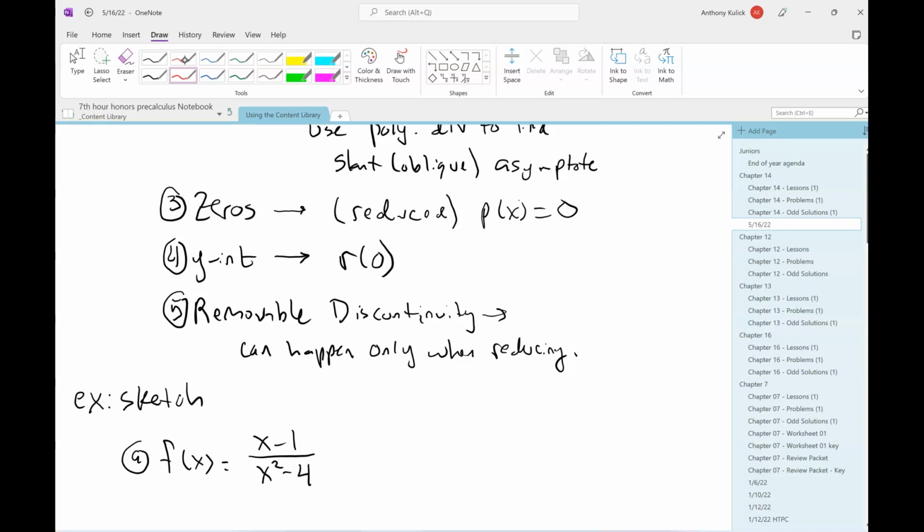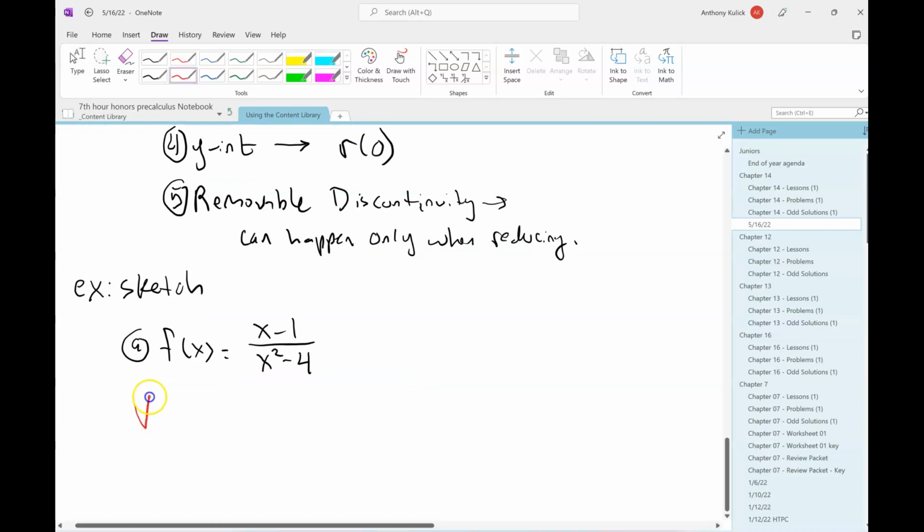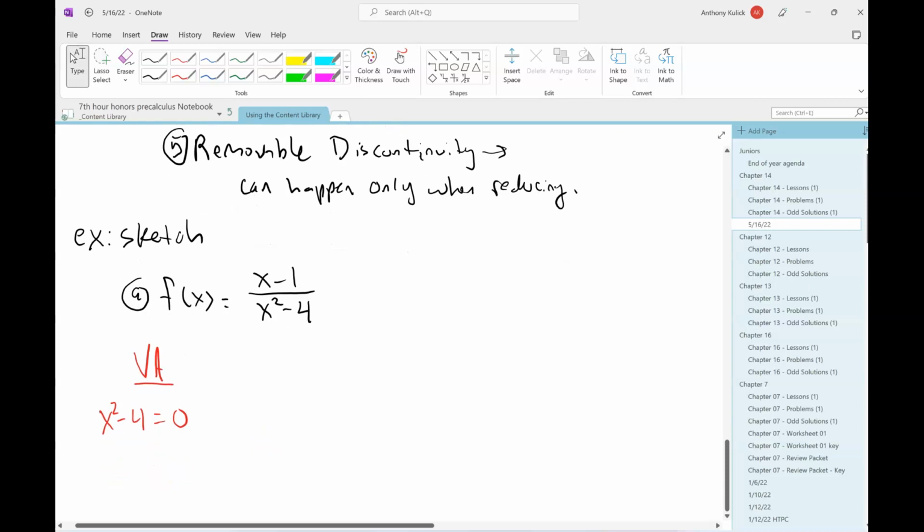All right, so our first example is x minus 1 over x squared minus 4. All right, let's start with the vertical asymptote. How do we find that? Set the denominator equal to 0. Really, we should have done something else first, though.